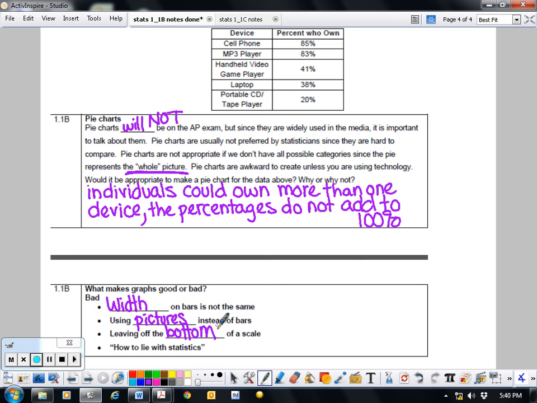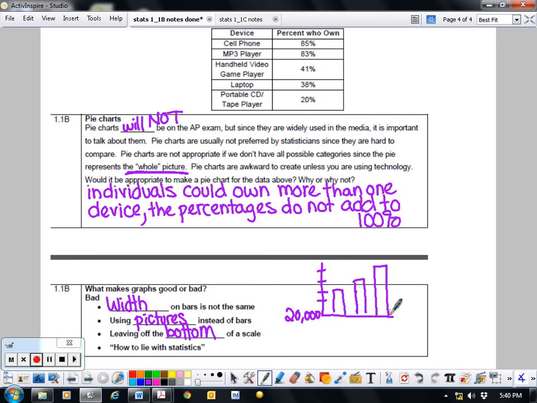So typically you'll see that as your scale will start at 20,000 here and then go up. And so your bar may look like this and like this and then like this.